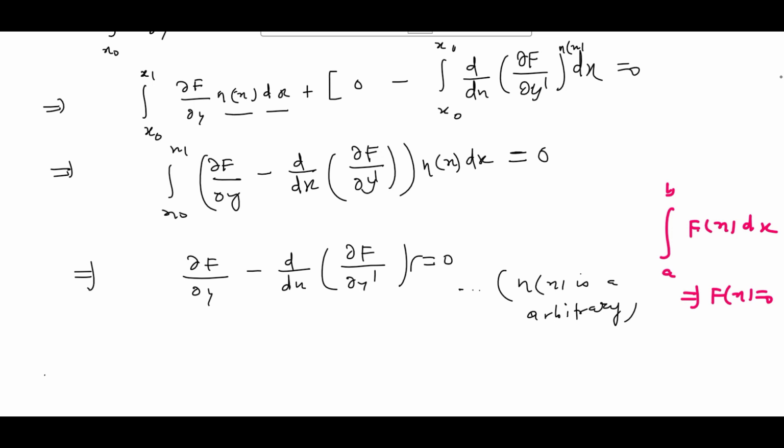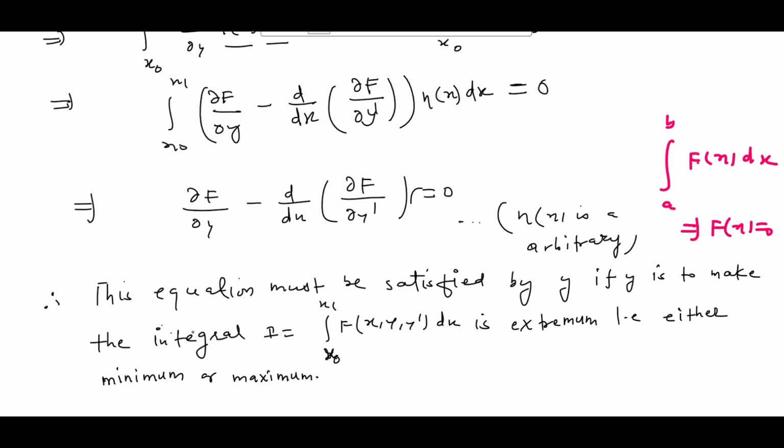So in the last we can say that this equation must be satisfied by y if y is to make the integral, that is the functional I, extremum, either minimum or maximum. Hence our given Euler differential equation is proved, and this is the final answer.